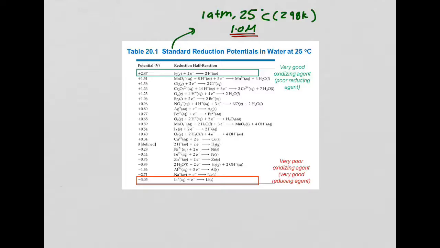Okay. Now, the other thing that is going to stand out to you when you look at this table is that all the potentials are reduction half reactions. All of these are reduction. We gain electrons, we gain electrons, we gain electrons, and get reduced. Because remember, we had oxidation half reactions and reduction half reactions. When you look at all of these, they are gaining electrons, aren't they?